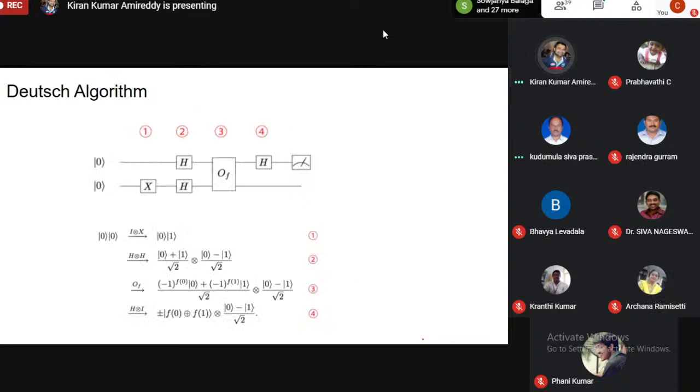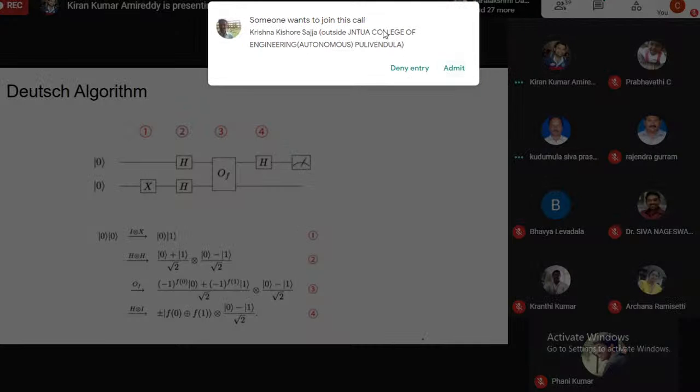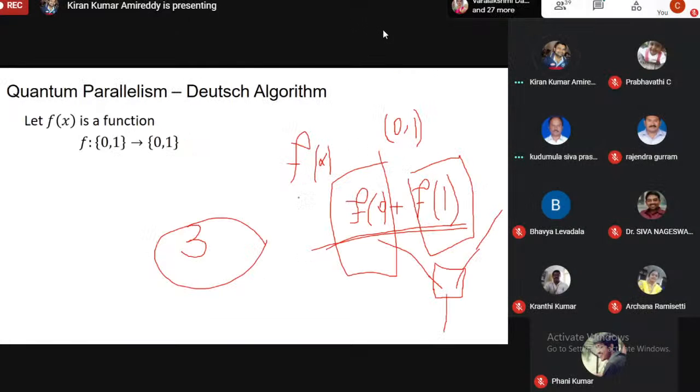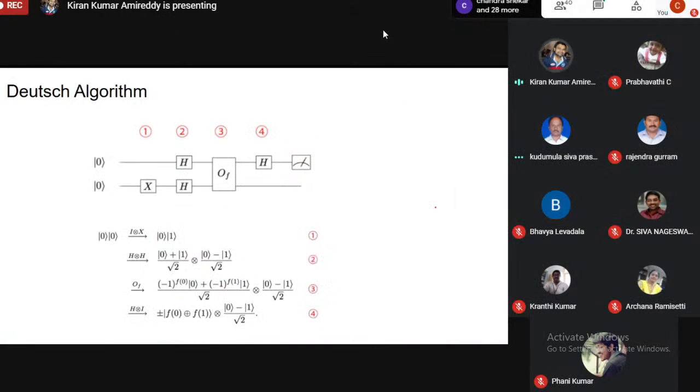So this is a circuit diagram for the Deutsch algorithm. It will take 4 steps. I'm just taking the example here of f of 0, given the function f of x, and it is computing f of 0 plus f of 1. So that is the basic example of how the Deutsch algorithm can do this in a single step using the quantum gates.